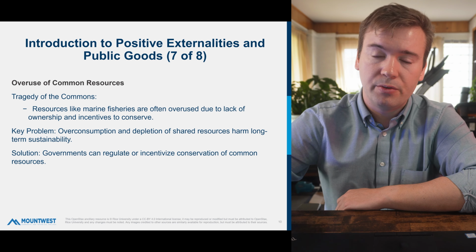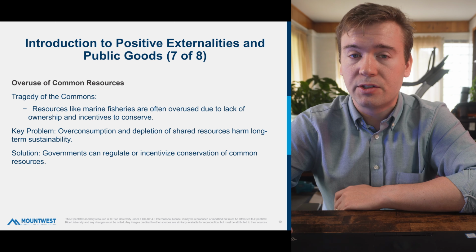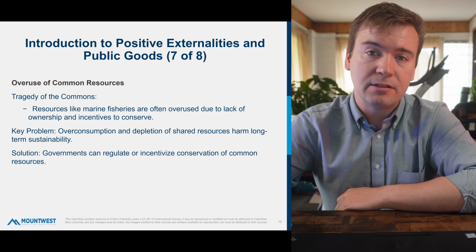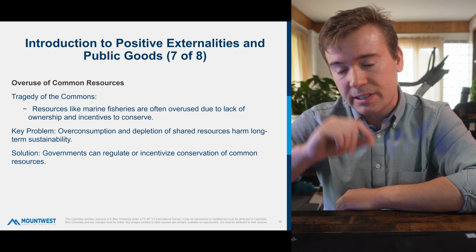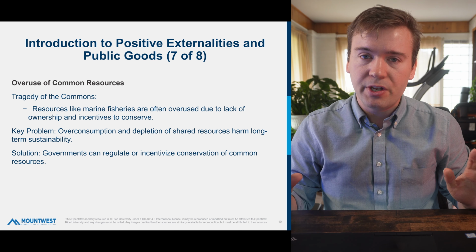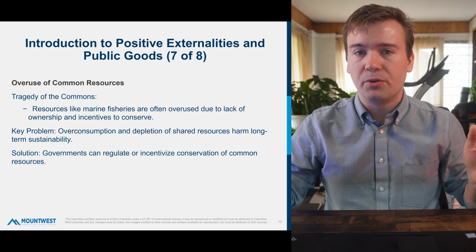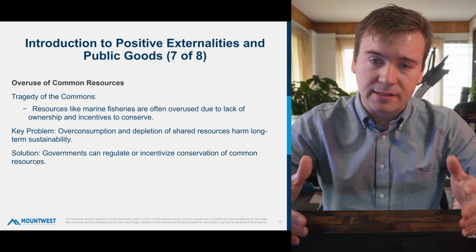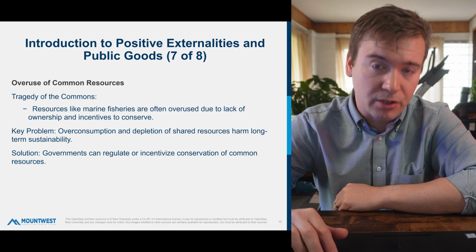You've got to pay a fee to these agencies. And if you don't have that license, you have to pay a much bigger fee if you're caught, because that is the government stepping in and saying, yes, it's a public waterway and there's fish in there, but we're not going to let every Tom, Dick, and Harry come through and fish as much as they want to. We've got to set some rules here. Otherwise, there will be no fish left.